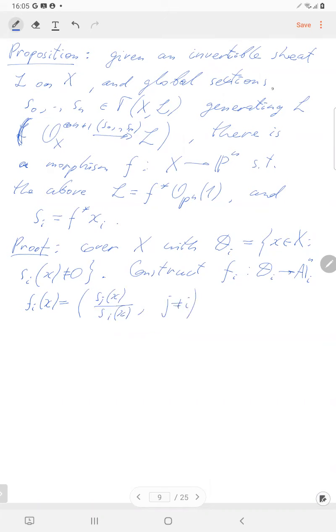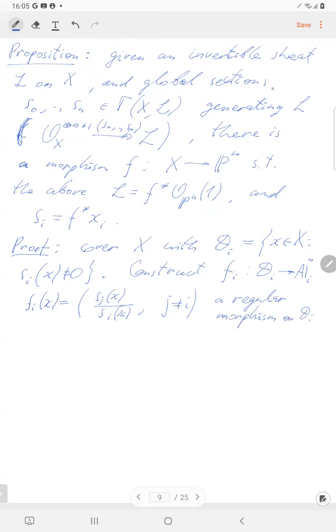Since S_i(x) is not 0 on this open subset, this ratio is regular on D_i. Thank you, Wei Chen.